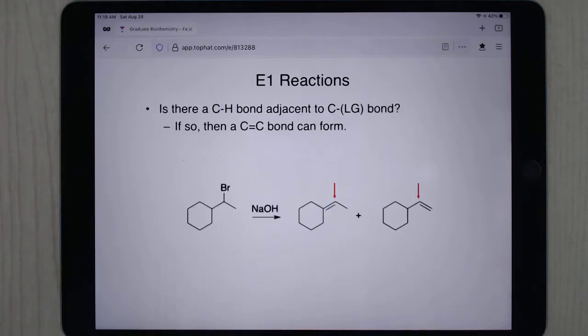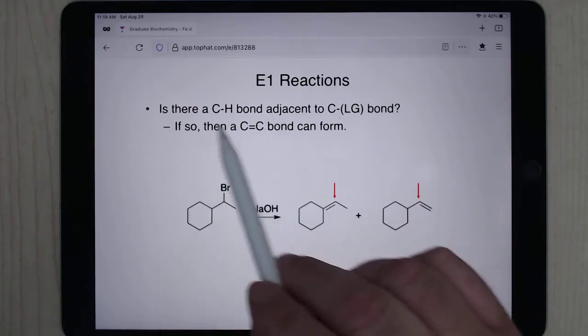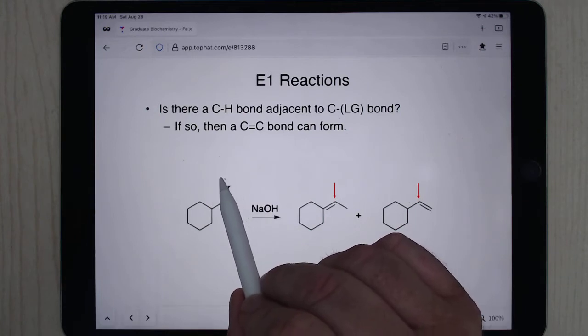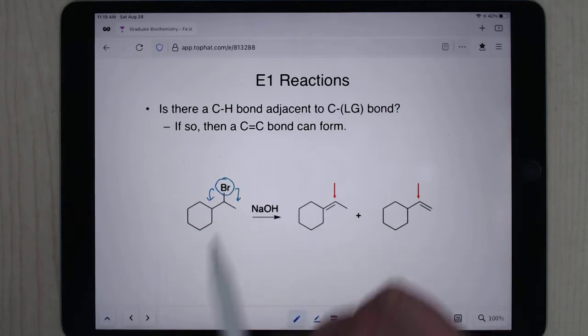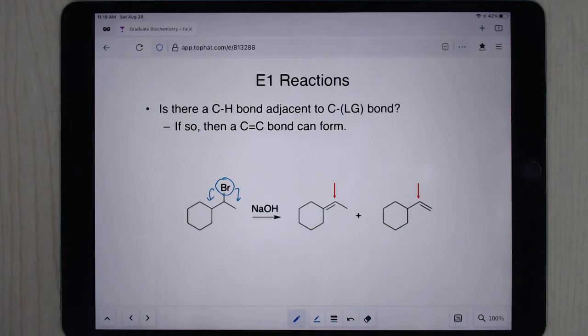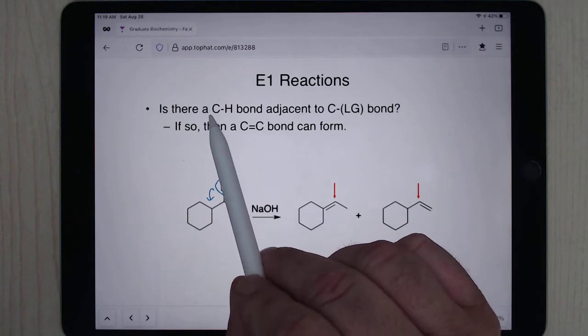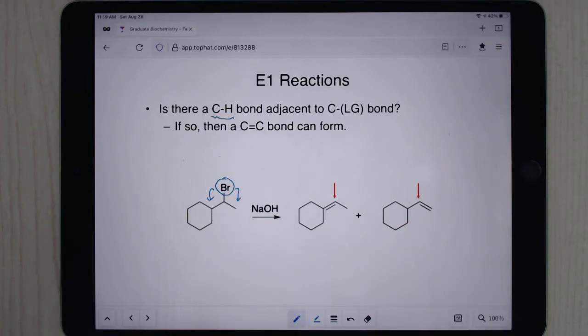But what we're going to be doing is looking at wherever that leaving group is. So in this case, it's the bromine, and so we're going to be looking on either side of it, on the adjacent carbons, and asking ourselves, do they have at least one CH bond?